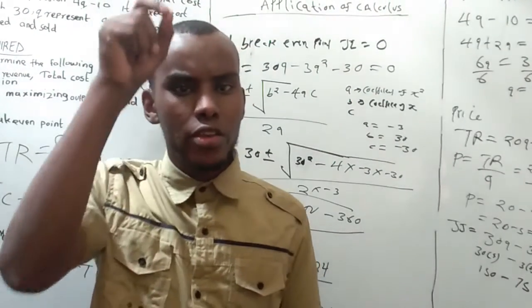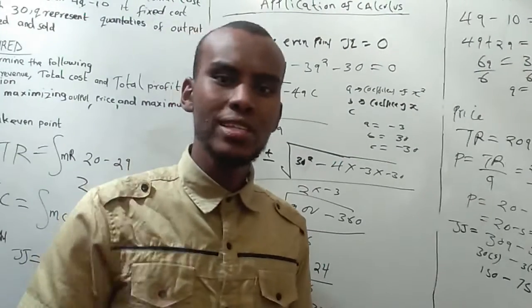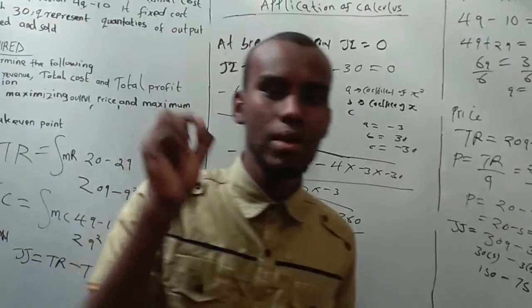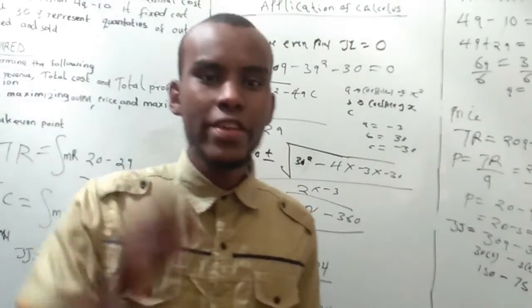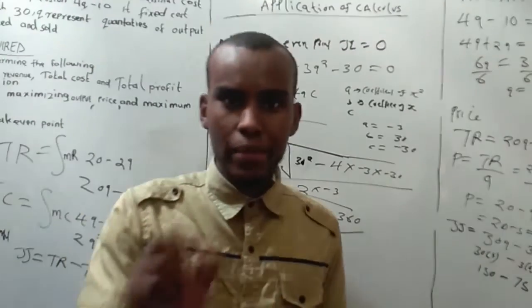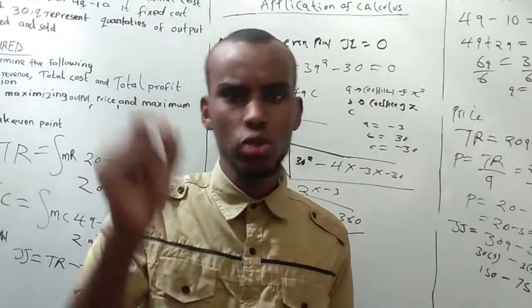Lastly, when it is break-even point, you don't differentiate the profit. We just set the profit to 0. But when it is maximum profit, we differentiate. The derivative of the profit is the one which equates to 0. But for the break-even point, the profit itself, before differentiating, is what we equate to 0.